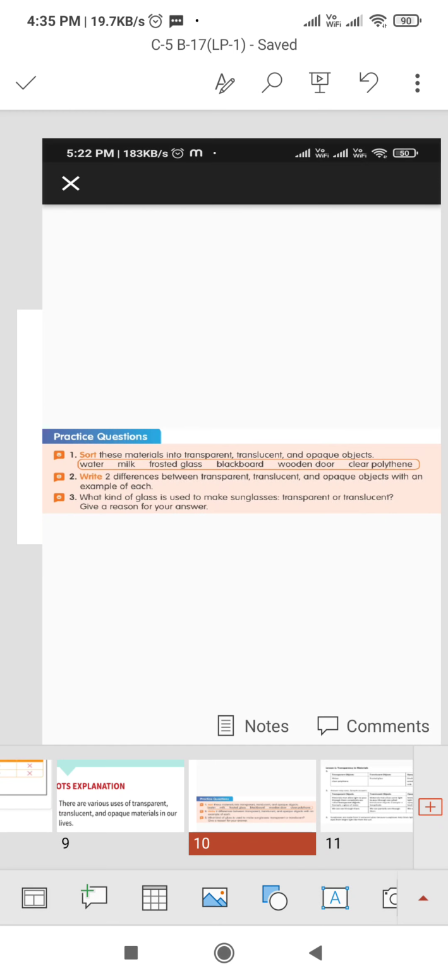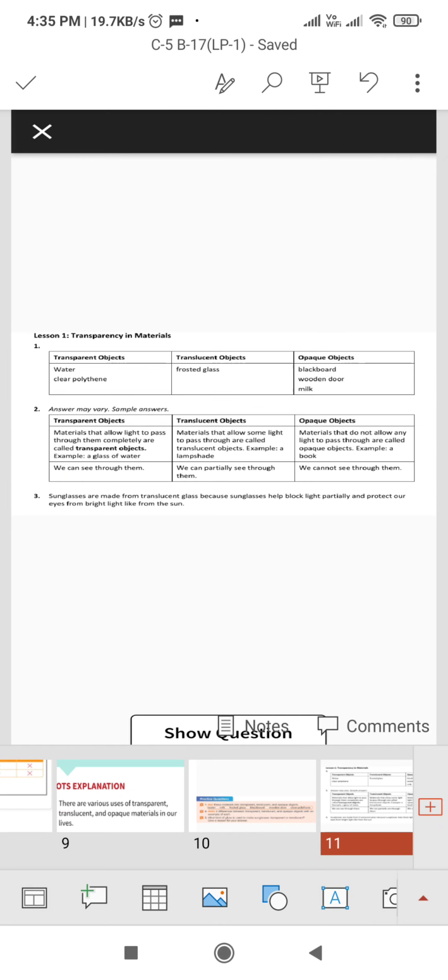Second question, you have to write down two differences between transparent, translucent and opaque objects with an example of each. So, transparent objects are materials that allow light to pass through them completely. Examples: glass of water, clear glass, clear water. Translucent material allows some light to pass through them.